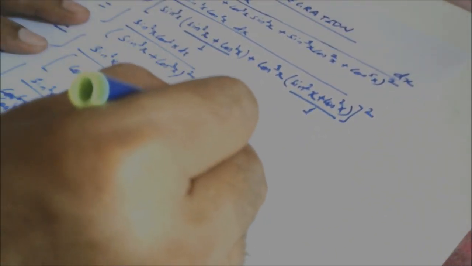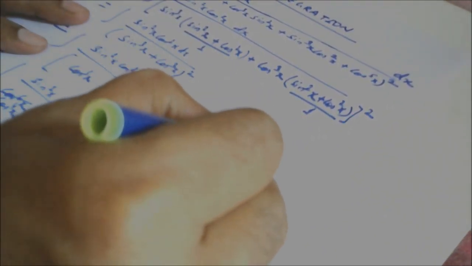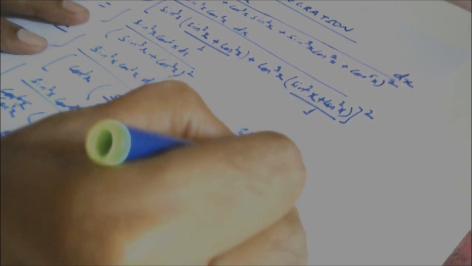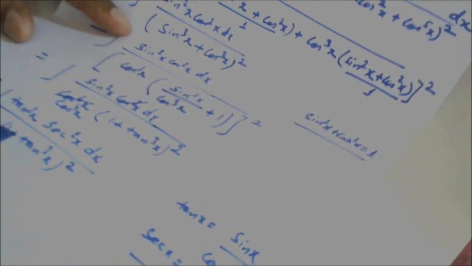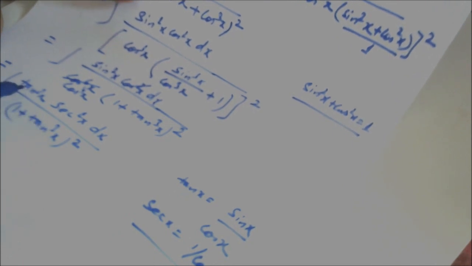And here we utilized the identity sin square x plus cos square x is equal to 1. Now we have to go for substitution. So the integration by substitution method we have to utilize, because tan is there.